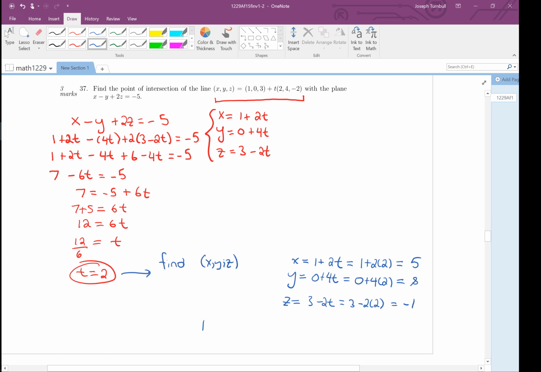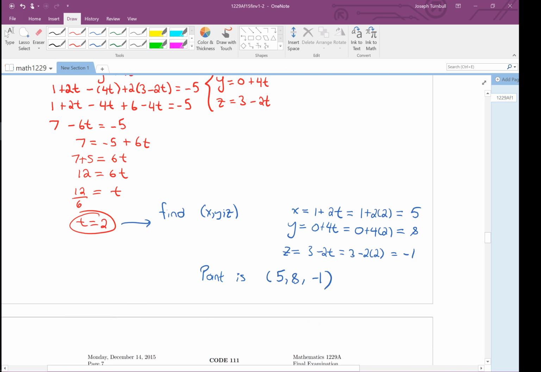So our point of intersection is (5, 8, negative 1). Okay.